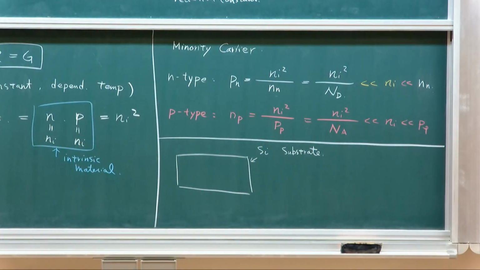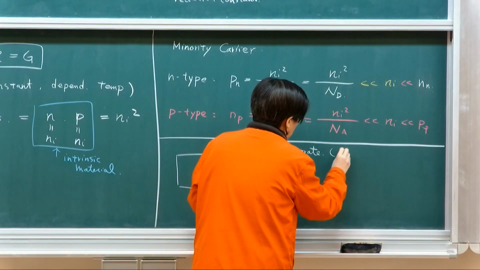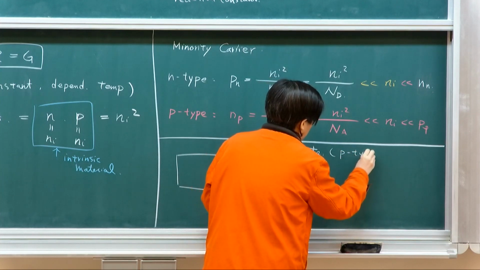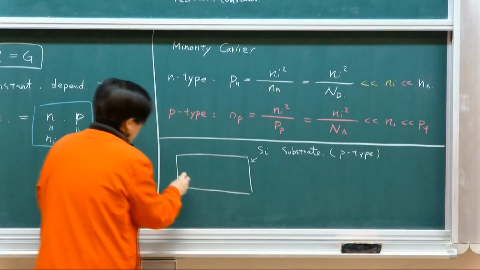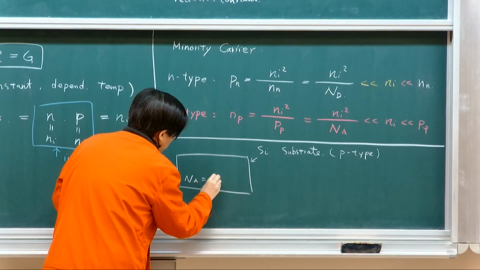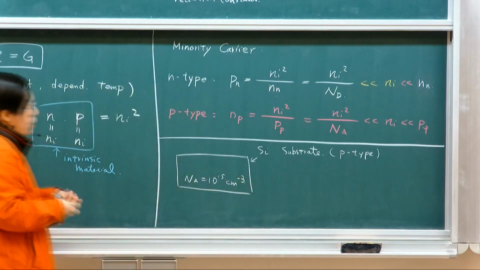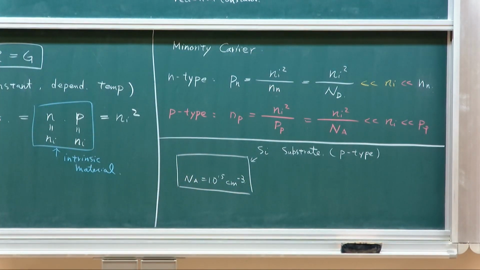It comes with a certain amount of doping. It's typically pretty light. Let's say you get a P-type substrate, meaning that it started with an Na of, let's say, 10 to the 15th. This is fairly lightly doped, and it's a typical number for a lightly doped P-type substrate.